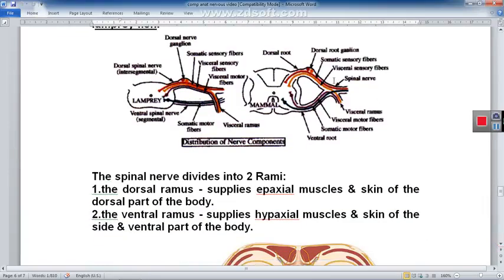As we said, the spinal nerve, after being formed by union of the ventral and dorsal root, exits from the intervertebral foramina, and it will divide into ventral ramus and dorsal ramus.